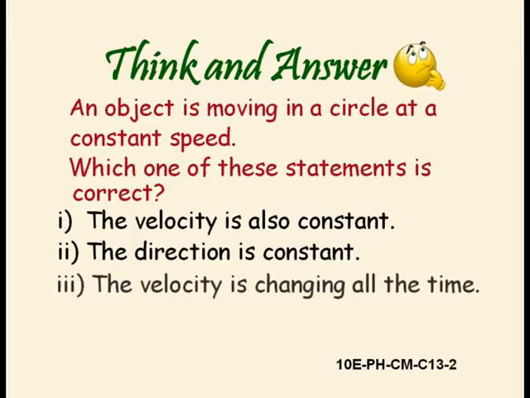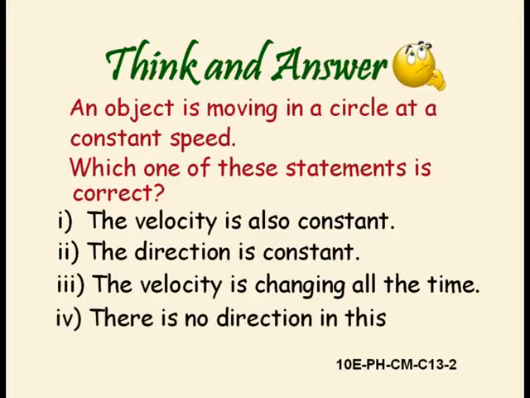Statement 3. The velocity is changing all the time. And statement 4. There is no direction in this movement. The correct answer is statement 3. The velocity is changing all the time.